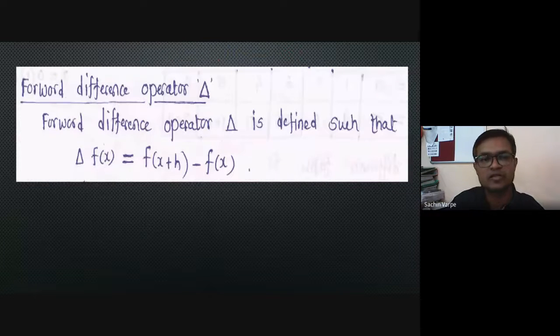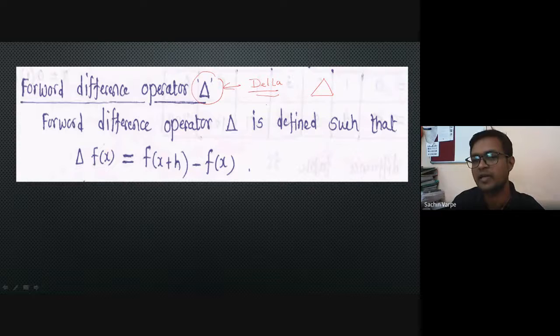So the first operator is the forward difference operator. It is denoted by delta, a small triangle. The forward difference operator delta is defined such that when we operate delta onto a function f of x, it gives f of x plus h minus f of x.